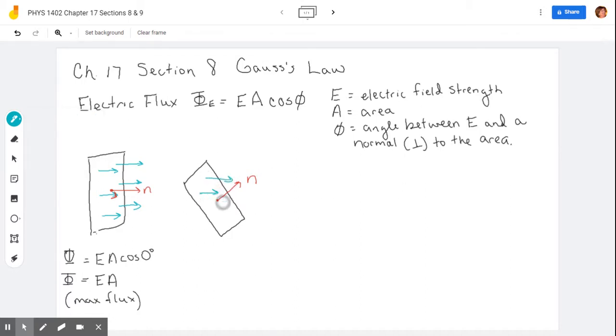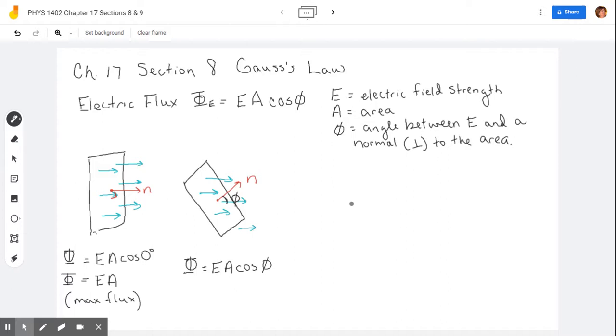Notice we may not get as many lines of the electric field through, because some of them that would have passed through it when it was straight are not going to pass through it now. So let's draw an angle here. That's phi, the angle between the electric field and the normal. So it would be EA cosine phi.